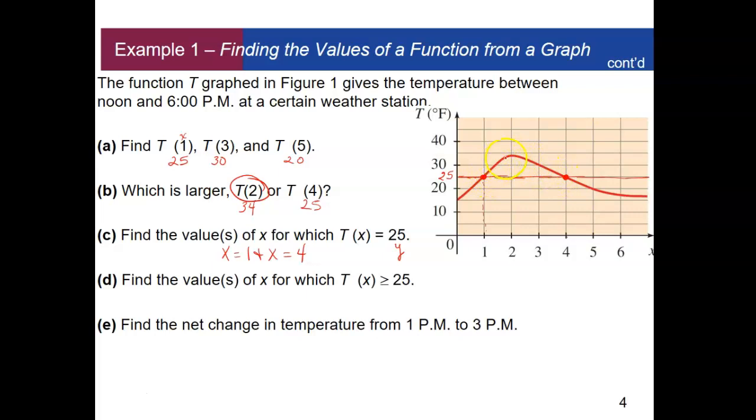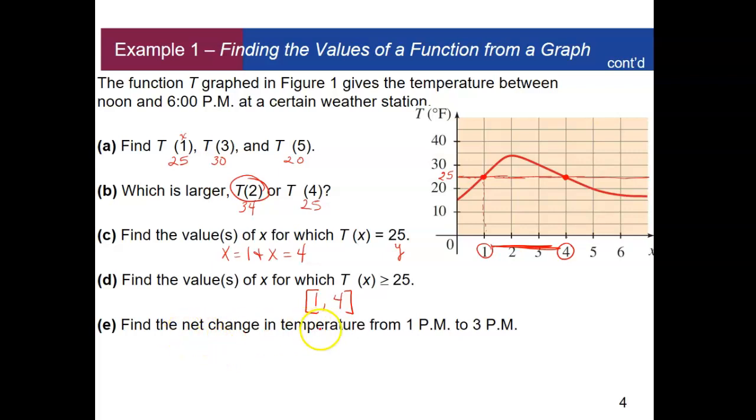So the x's where it happens is everywhere between 1 and 4. My interval for this would be from 1 to 4. And because it's equal at those endpoints, we're going to put brackets on that.